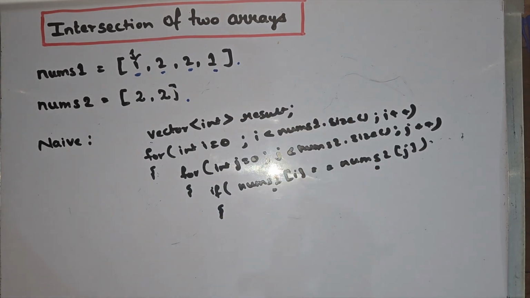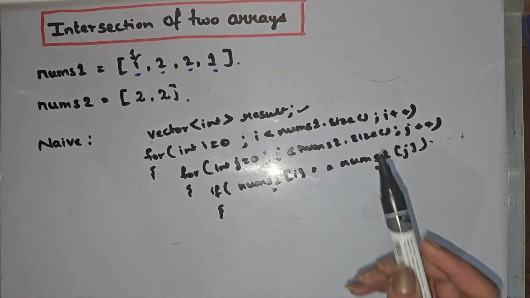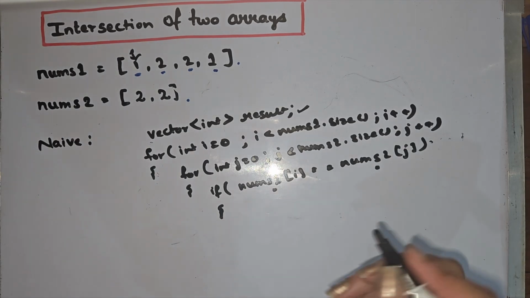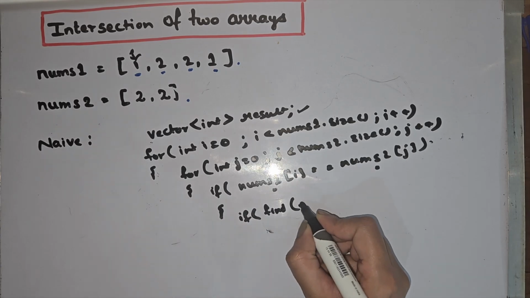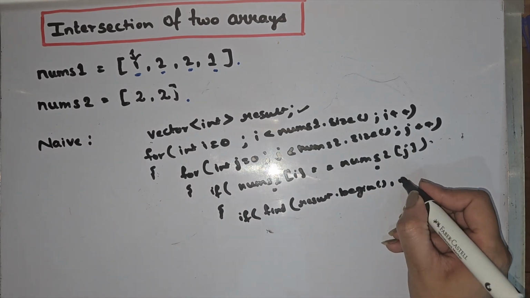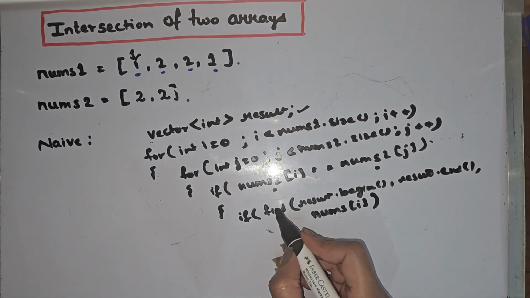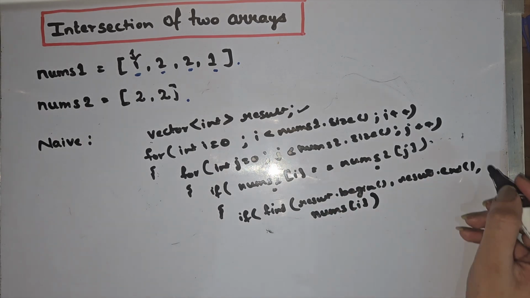But we only need unique elements in the result. So for that, we need to check if the result already has any such element existing or not. So for that, we will put a condition that if, so this function will find if the result has this particular element or not.